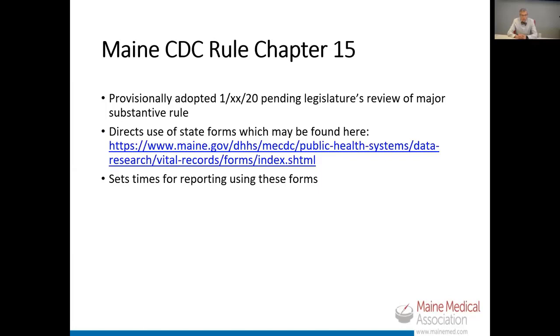It's important for all of you to know that it does direct the use of a series of state forms, which may be found on the web at this URL, and it sets specific times for using each of these forms.